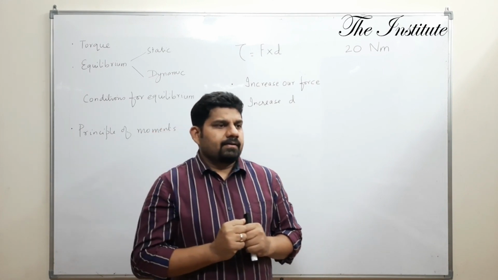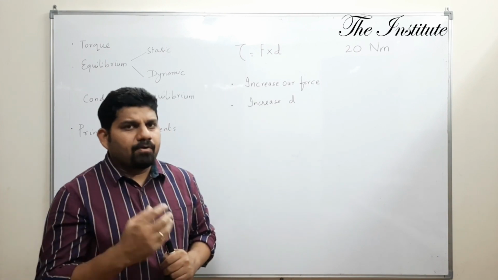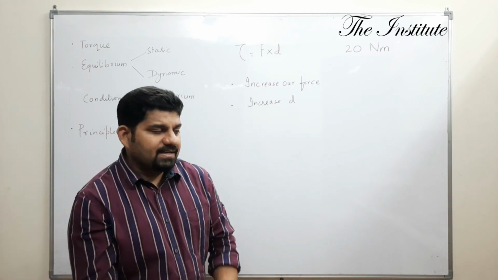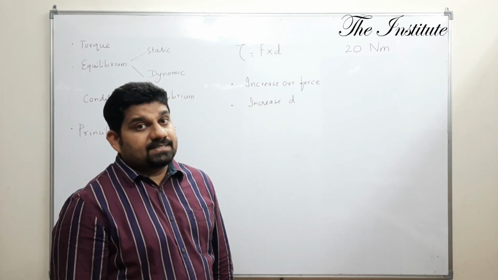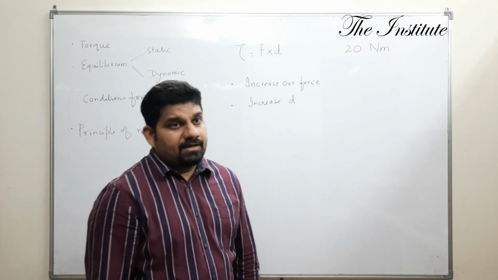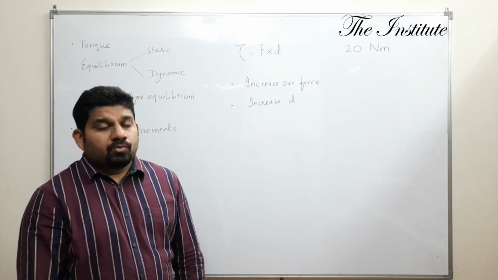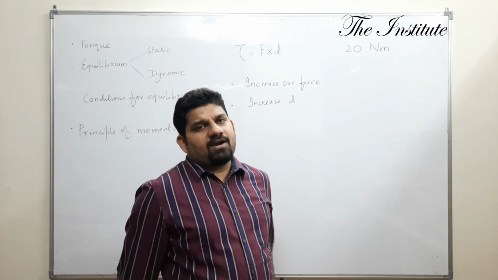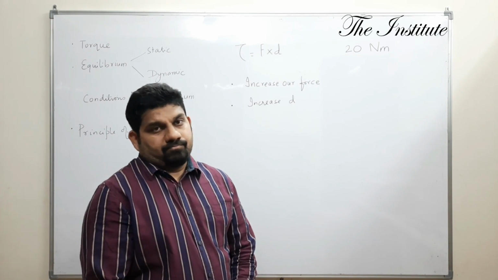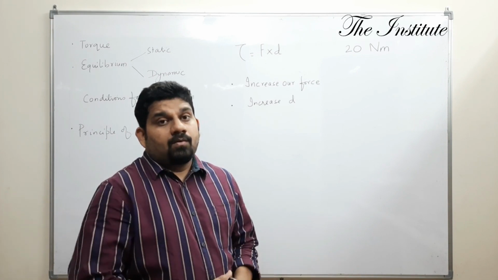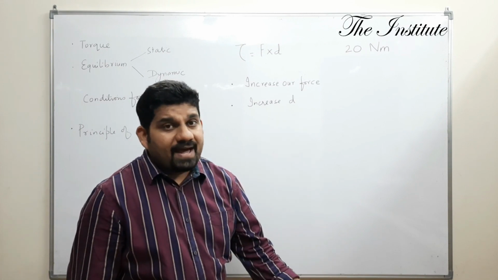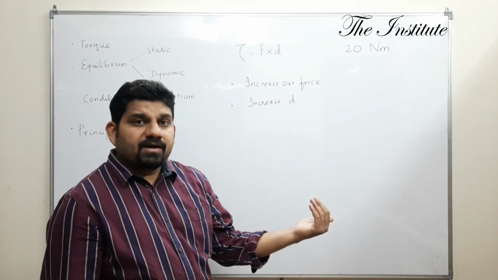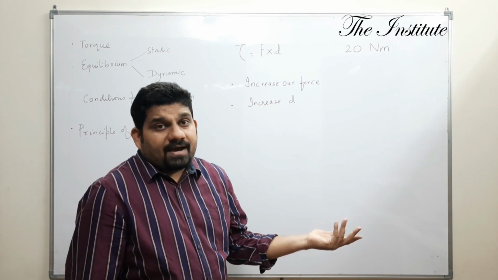Similarly, another example, suppose a ball is rolling on a frictionless surface. Remember, frictionless. So what are the forces acting on this ball? No friction. What are the forces? The weight of the ball will anyway act. The reaction from the ground will anyway act.